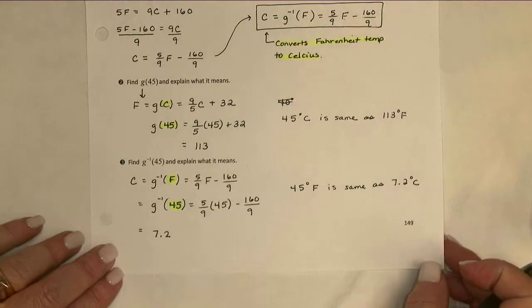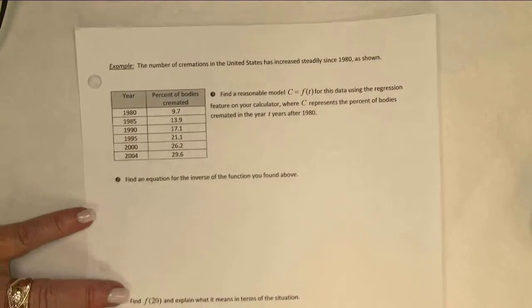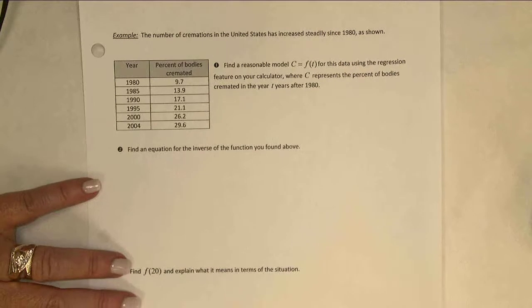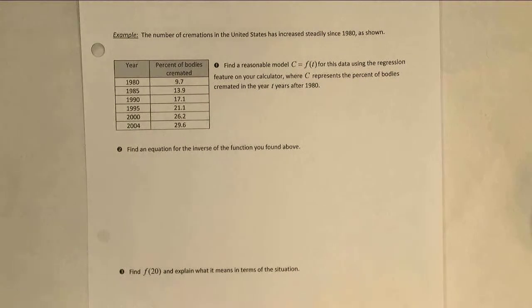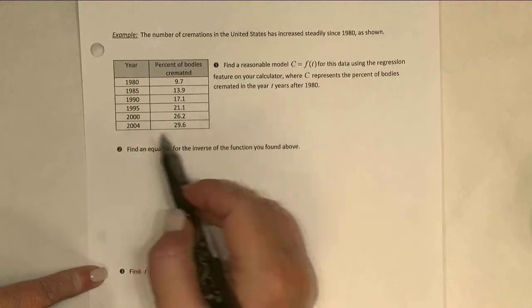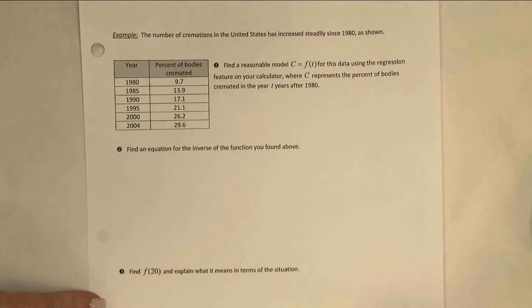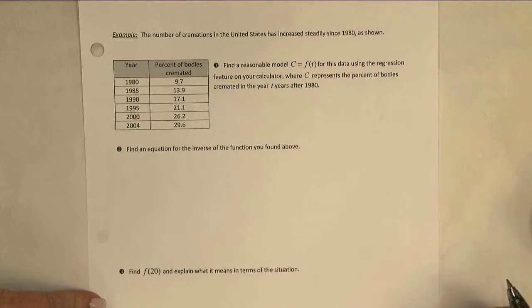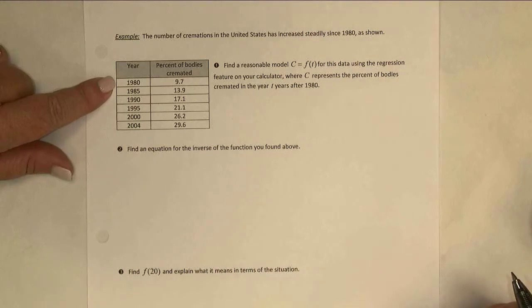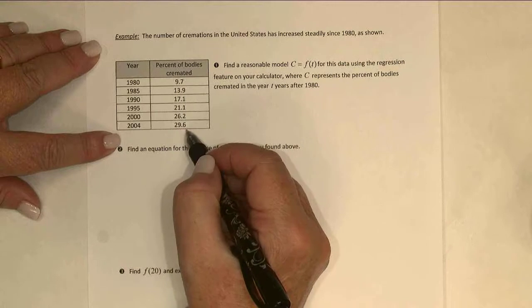All right, let's take a look at one more example of an application problem, maybe one that's not quite such a familiar equation, since we're going to start with data. We have a table of values that shows how the percent of bodies cremated is increasing over the years. It's becoming a more popular option. And from 1980 to 2004, we've gone from less than 10% to almost 30%.